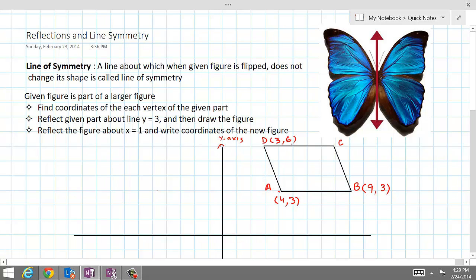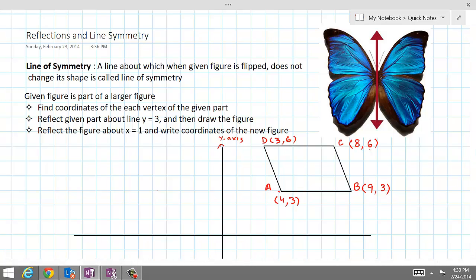And for C, it would be 1, 2, 3, 4, 5, 6, 7, 8. 8 is its distance from the y-axis, which is always written first. Then it should have the same height as D, which is at a height of 6 units, so this must be at 6 units height as well. These are called the coordinates of the vertices.